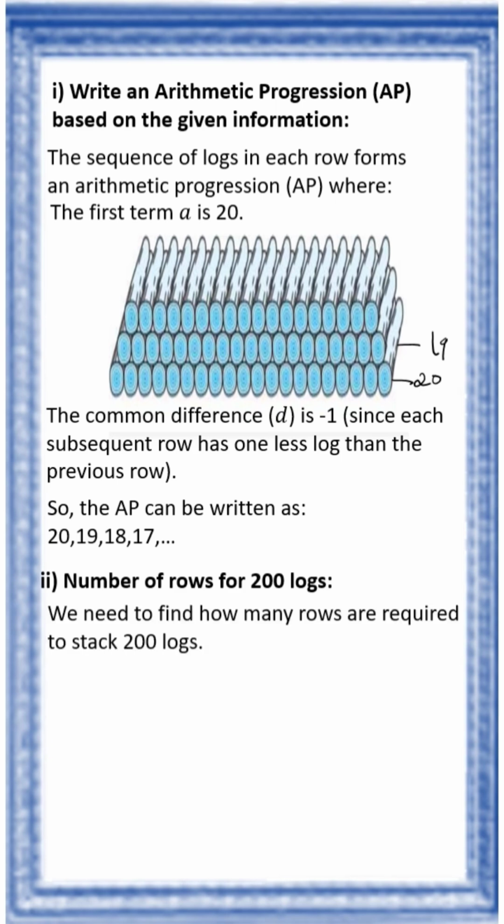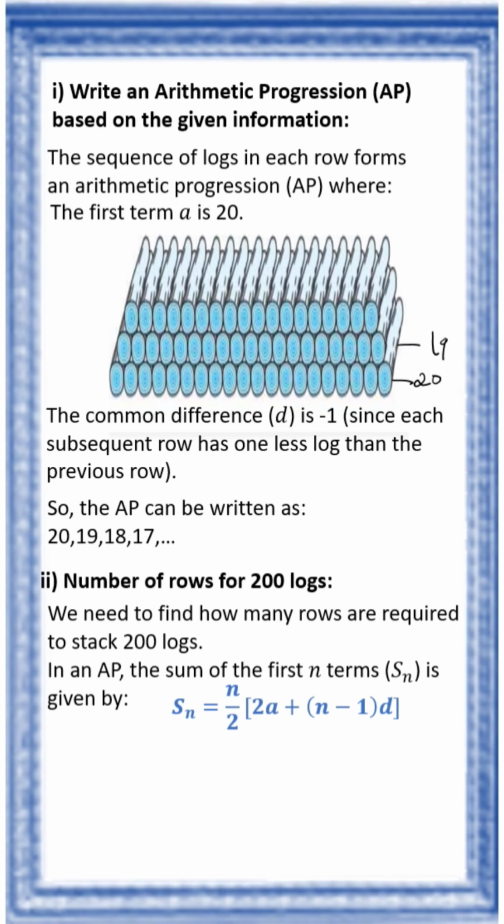We need to find how many rows are required to stack 200 logs. In an AP, the sum of the first n terms, that is Sn, is given by the formula Sn is equal to n by 2 into 2a plus n minus 1 into d. Here a is equal to 20, d is equal to negative of 1, Sn is equal to 200.